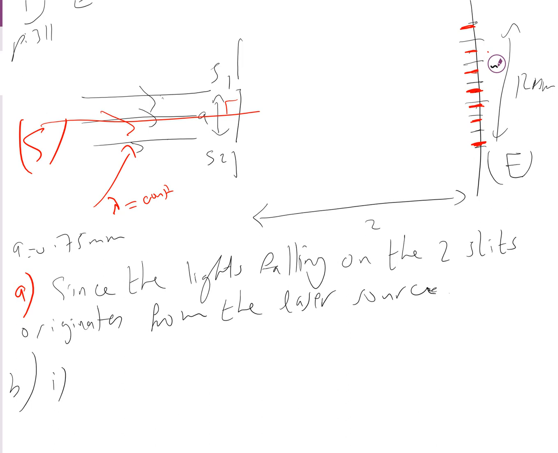This is what we mean by alternative bright and dark fringes, parallel to each other and to the slits. That is, if the slit is vertical, the bright fringe is vertical too, and the dark fringe is vertical too.